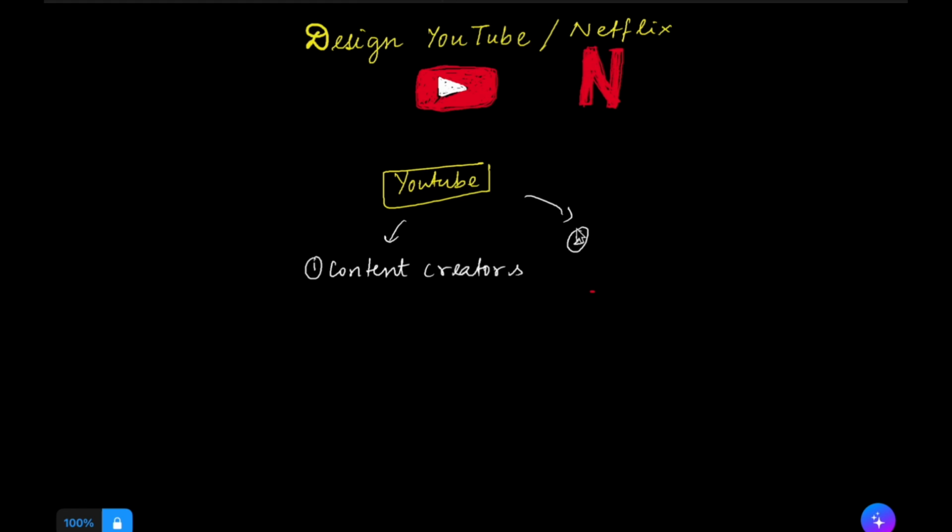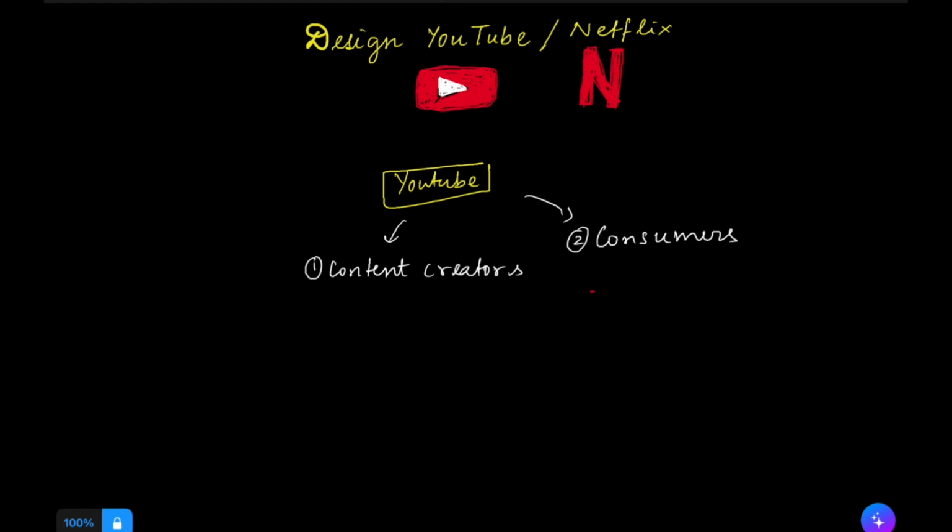So in YouTube, primarily there are two types of users. One is the content creators, or the users who upload videos, and another is the consumers who watch the videos or use these YouTube services.